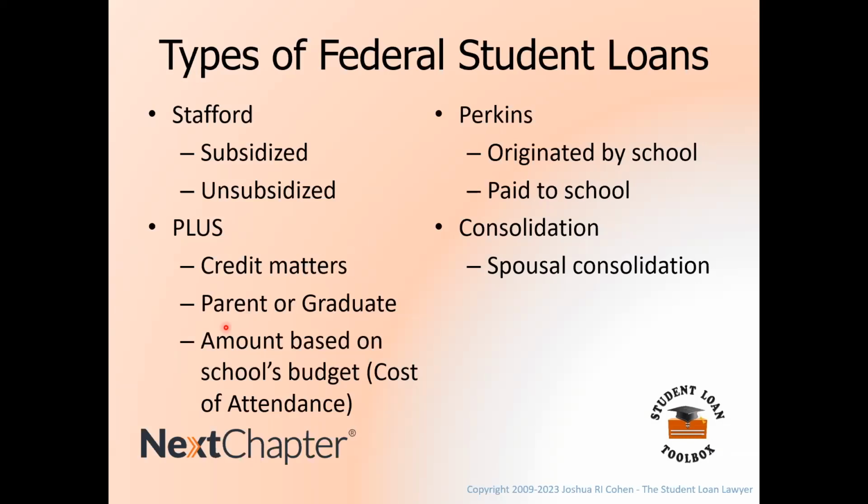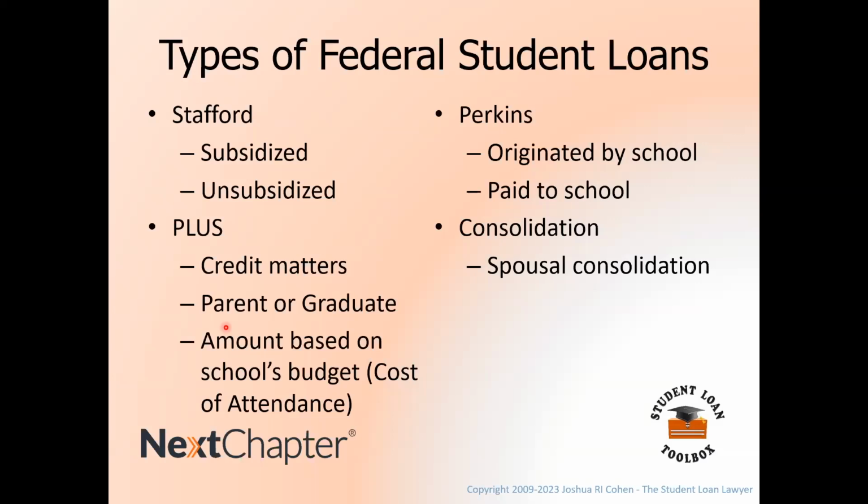Now, a plus loan might require a cosign or an endorsement. The child, the student, can never be a cosigner on a parent plus loan. So if someone comes into your office and says, yes, my child and I are on the loan together, it is not a parent plus loan.